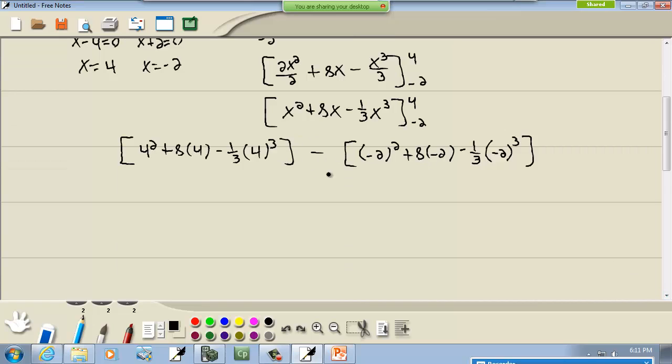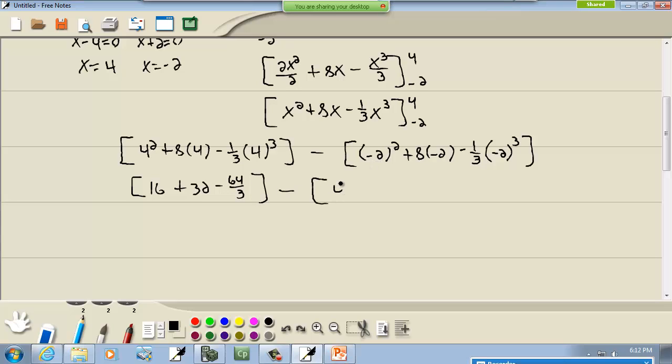I oftentimes make a simple basic math error at this point, so I warn you ahead of time why you'll see me screw up. 4 squared is 16, 8 times 4 is 32, 4 times 4 is 16, times another 4 is 64, so we got minus 64 over 3.